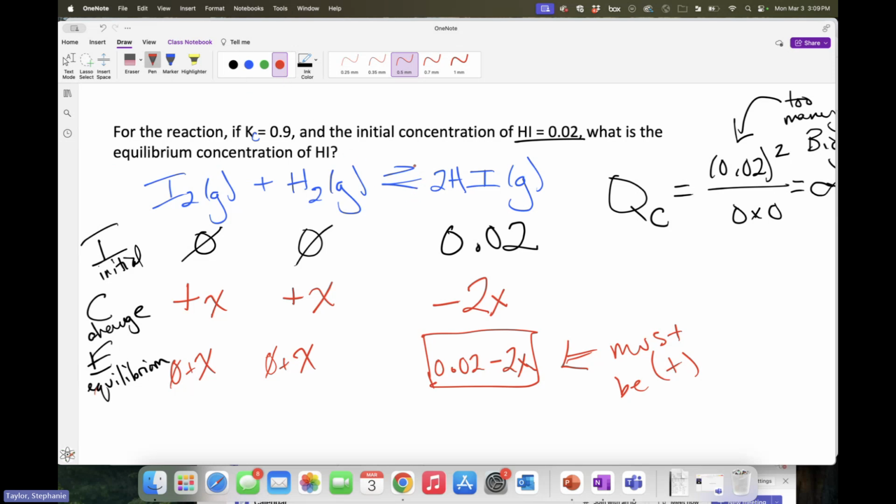I know which direction my reaction is going because I have zeros in my initial column, and wherever I have a 0 is where I have to have something positive. I don't get to have negative values in my equilibrium table. So that's how I knew to put positives on the left and the negative on the right, because I'm putting positives wherever the zeros are.